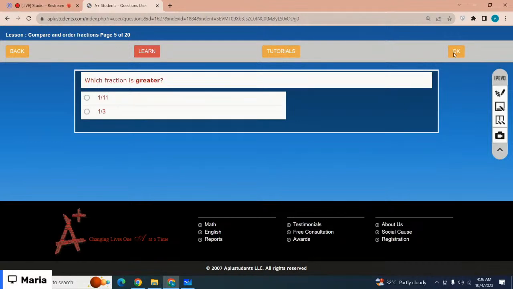Which fraction is greater, 1 over 11 or 1 over 3? 1 over 3 is greater than 1 over 11.